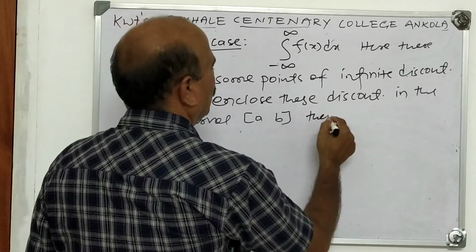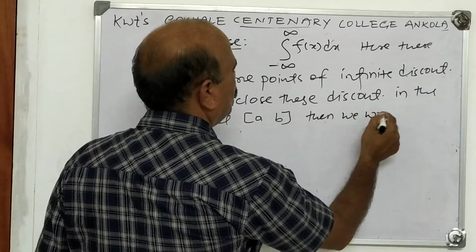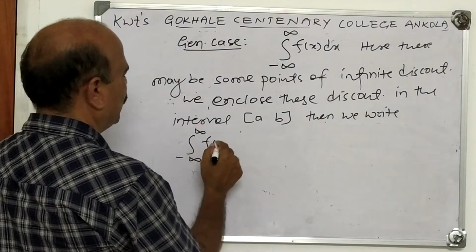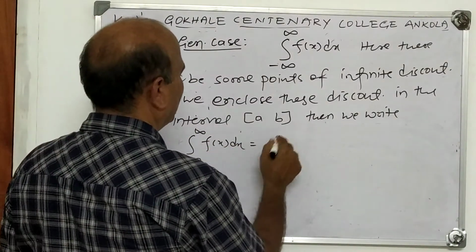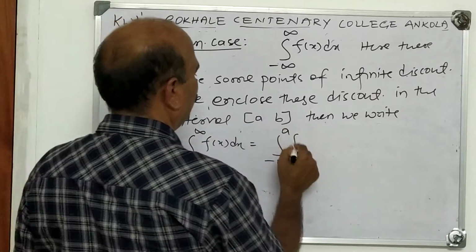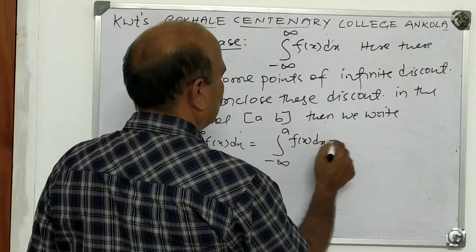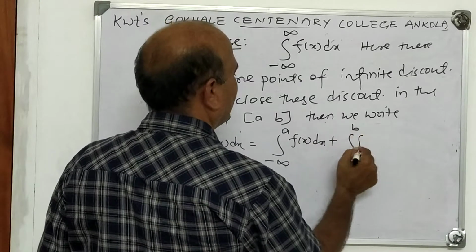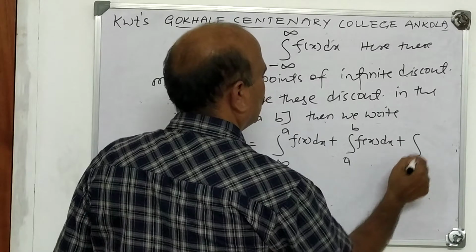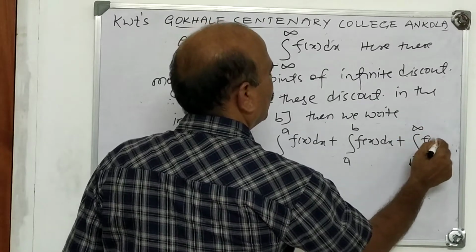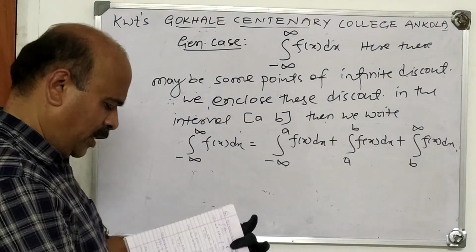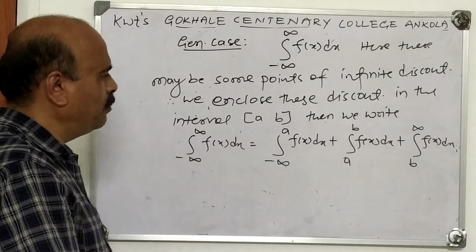Then we write the integral from minus infinity to infinity f(x) dx as the integral from minus infinity to a f(x) dx plus the integral from a to b f(x) dx plus the integral from b to infinity f(x) dx. Correct? Minus infinity to a, a to b, b to infinity.